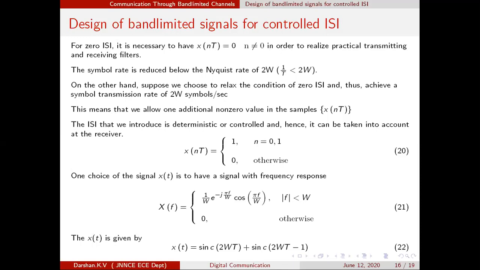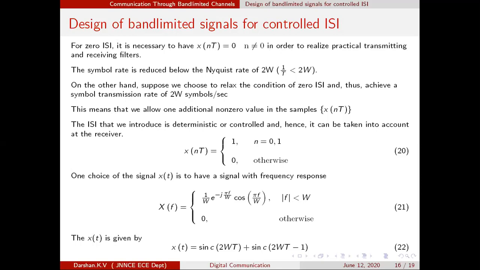Okay, so to have an increase in the symbol rate, the solution they have given is controlled ISI. What do you mean by controlled ISI? Controlled ISI is nothing but adding an ISI component.